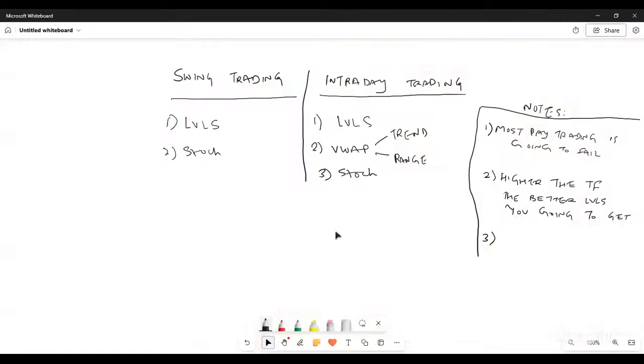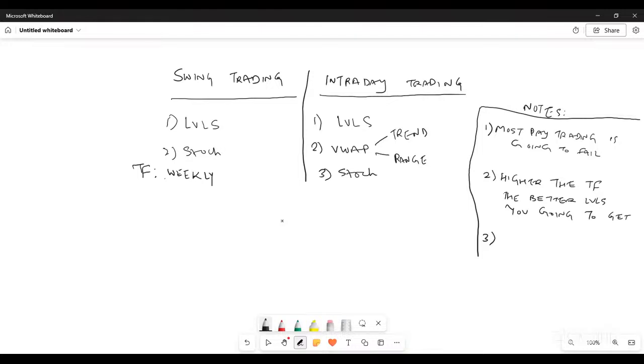All right, so yeah, I can use this. Okay, swing trading. Time frame wise, if you're doing swing trading, weekly is the best. You look at the trend in weekly. You look at the levels in weekly.